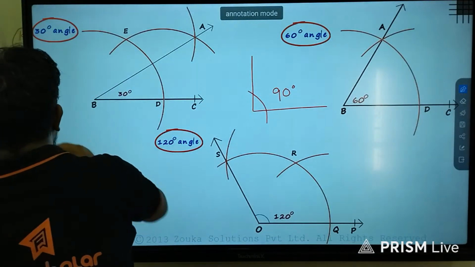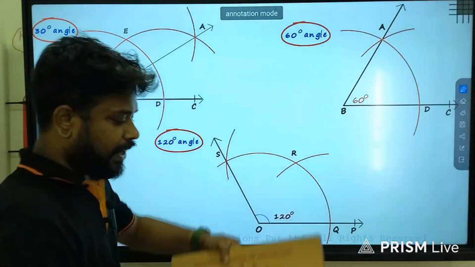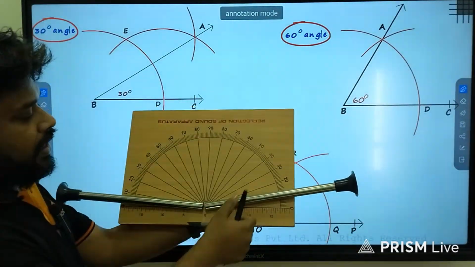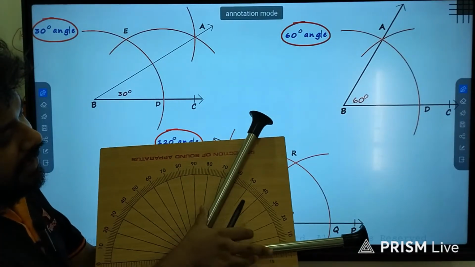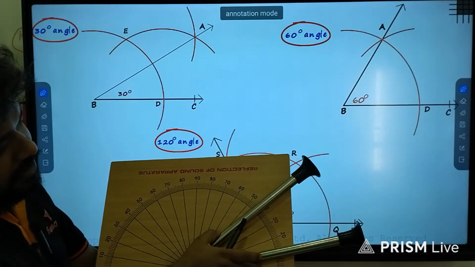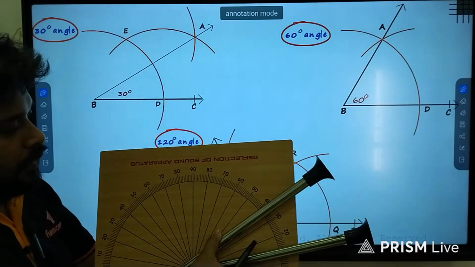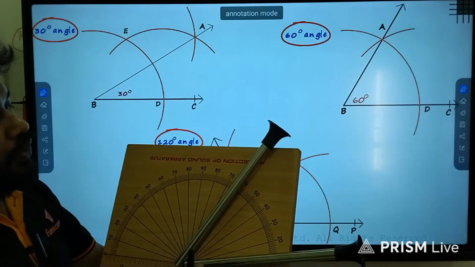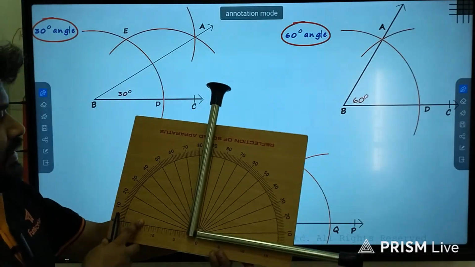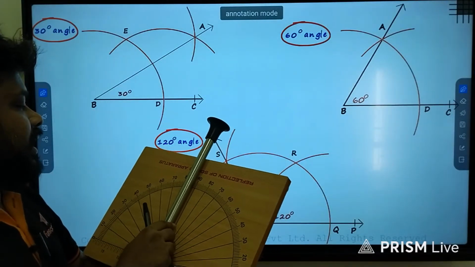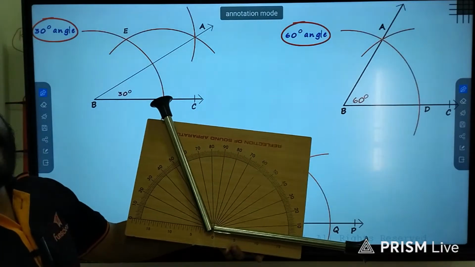Okay, so to understand this better, if this one is the real example, 30-degree will look like this, okay, and 60-degree will look like this, 90-degree will look like this, and 120-degree will look like this.